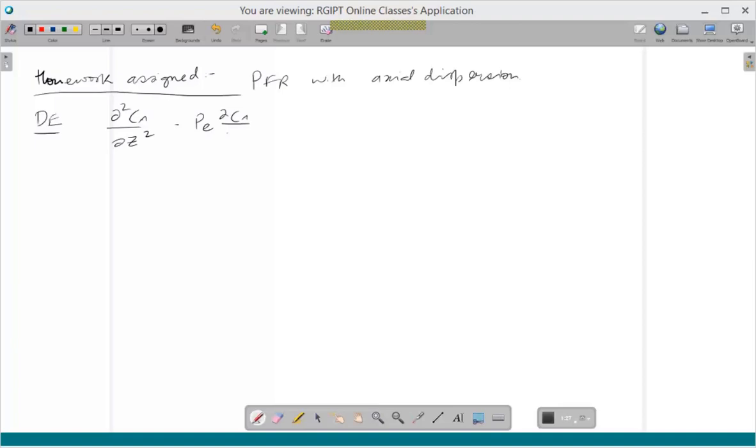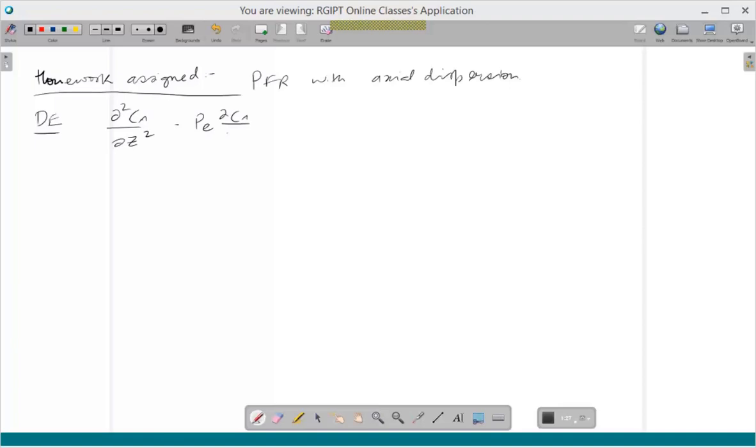I'm not writing stars anymore, that will be a little cumbersome to write, but you know these Cs. These Cs are dimensionless concentrations, this z is a dimensionless length, and Peclet and R, we all remember what those quantities are, right?